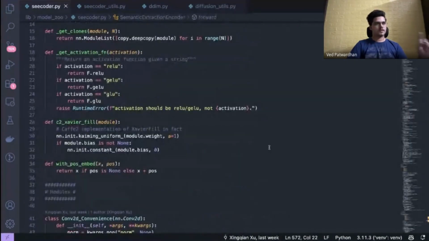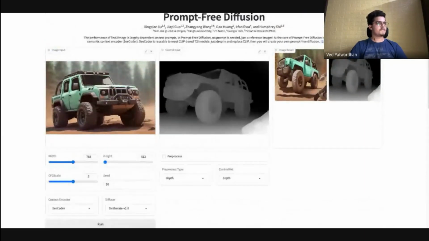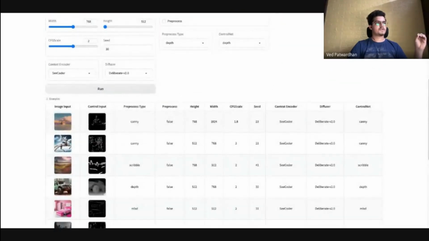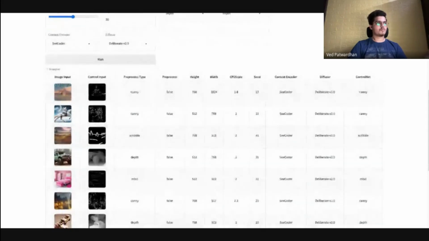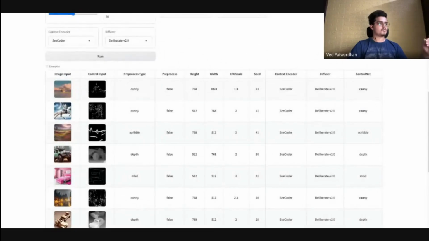So there's also a demo which is available. I'll go to that now. Basically, as you can see, you have a reference image, and then you have the original image, and you represent what you're expecting of the model in some way. It doesn't necessarily need to be a specific image. It can be a canny representation, a scribble, a depth representation, and so on. You can just pass one of those, and it will try to.